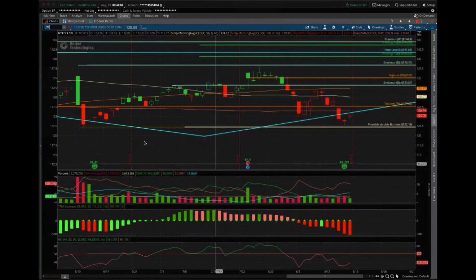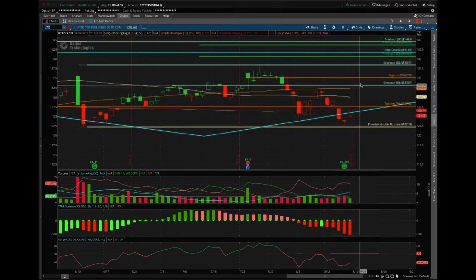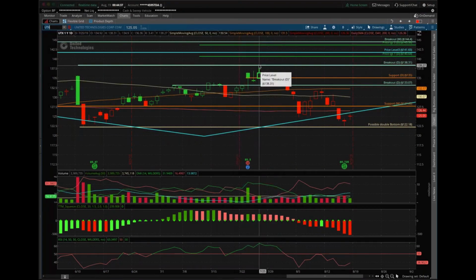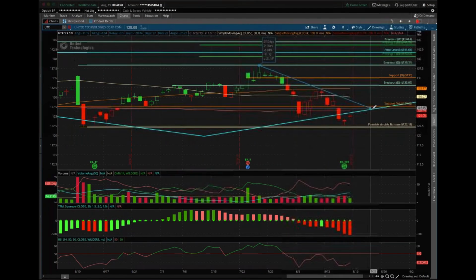Well, right here we see that we have a potential double bottom from this one in June, and this one in July, and then on Thursday we had that reversal. If we get above that 200 day, and especially that 127, we should start pushing. I think that it should be a nice push.